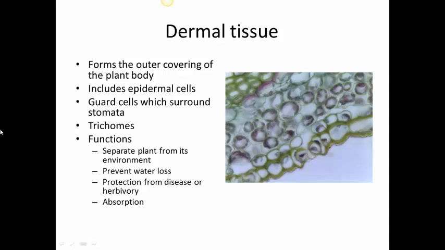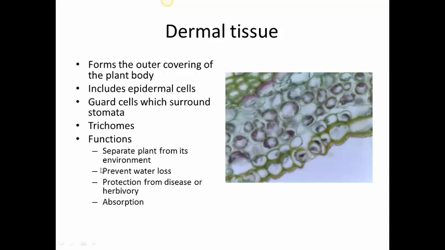Other structures of the dermal tissue include trichomes, and those are little hairs that are sometimes on the leaf surface. Sometimes those are important in preventing water loss at the stomata or deterring herbivores from eating a leaf.